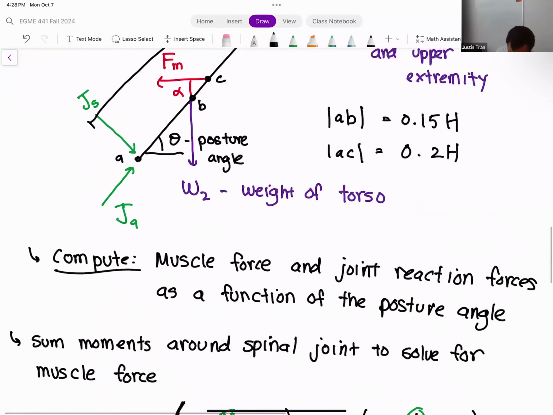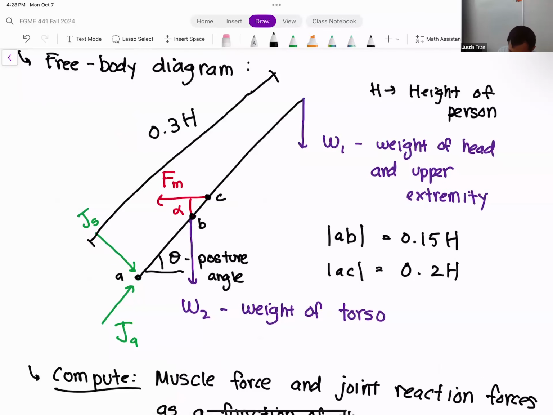For the muscle force, it's fairly straightforward because the angle that we're given here is already defined with respect to the spine. We've already done this many times before. We have one component that's parallel to the spine, which is Fm cosine alpha, and the component that's perpendicular, which we've already used for the moment, and that's Fm sine alpha.